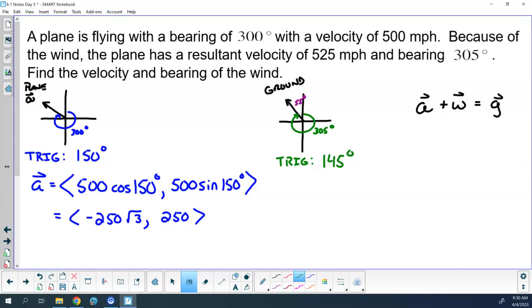So my vector G is going to be 525 cosine of 145, comma, 525 sine of 145.